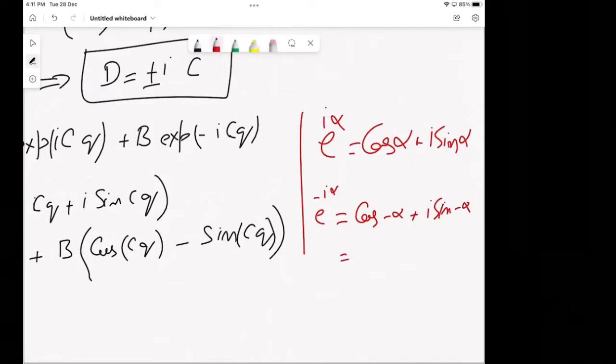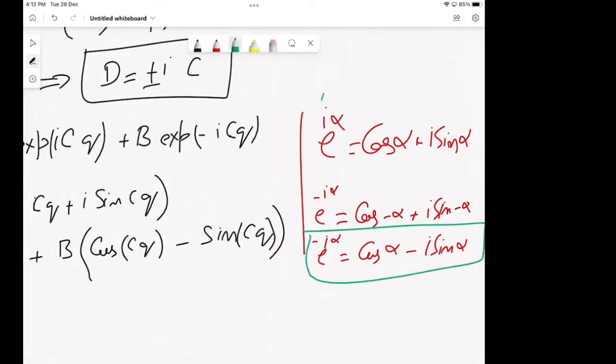Cos is an even function, so that will become cos alpha, while sine is an odd function, so this becomes minus sin alpha. That's why we have written it in this way.